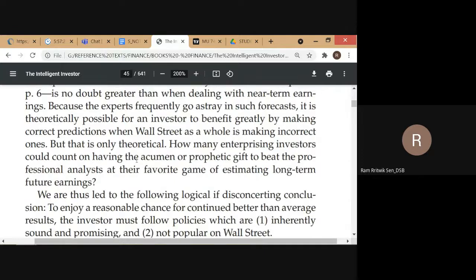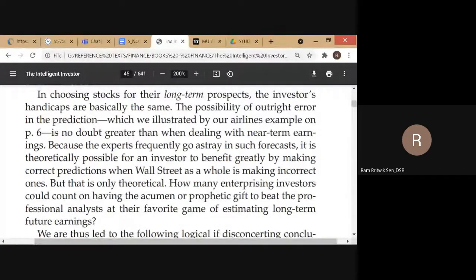Yeah, so again, it's the same problem here. Outright error in the prediction: anytime you're predicting the future, it's fraught with error, actually. And the longer term you go in terms of your prediction horizon, the more problematic it is, because there are more things that can happen that make everything go wrong. There's more time for bad things to happen.